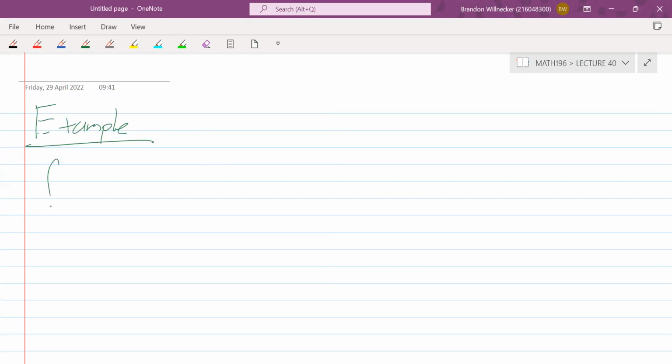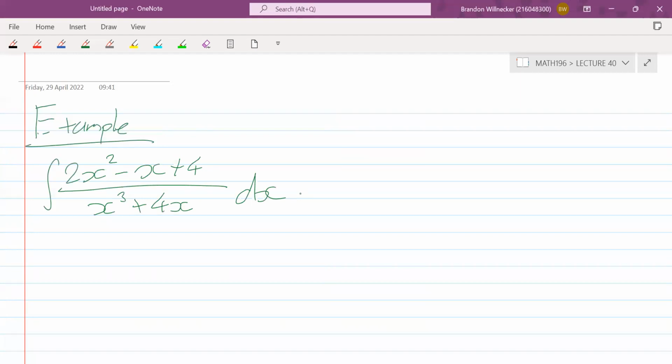Let's say we want to integrate (2x squared minus x plus 4) all over (x cubed plus 4x). We want to try and integrate this. So step 1, make sure that the degree of the numerator is less than the degree of the denominator.